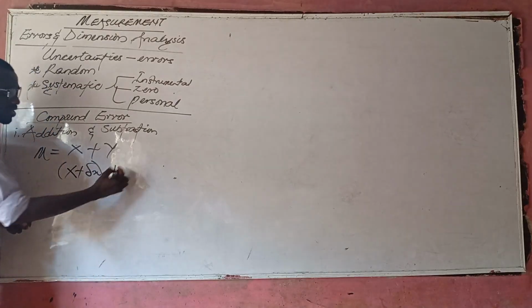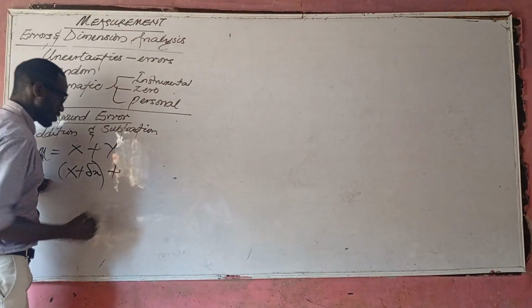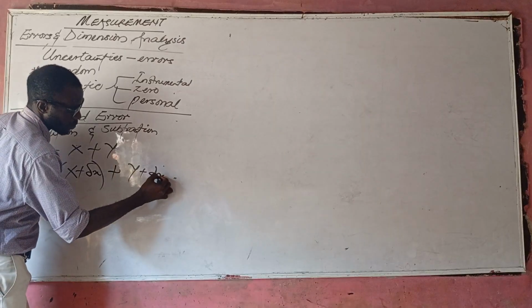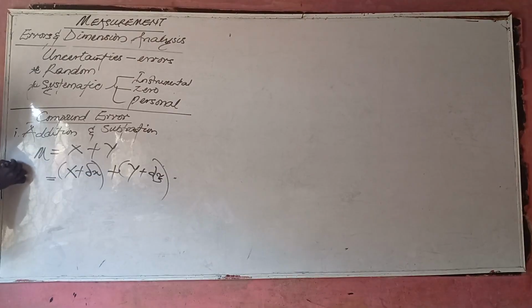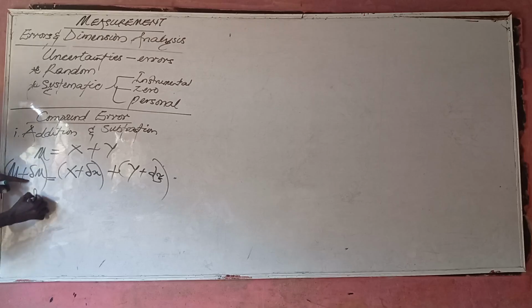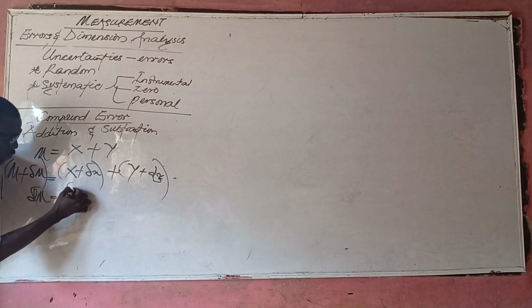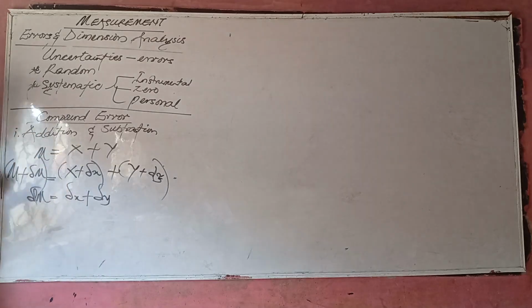Then you also committed a small error in measuring y, so it will be y plus dy. It means that the answer you'll get will be m plus dm, where dm will be equal to the two errors that you committed here, dx and dy.